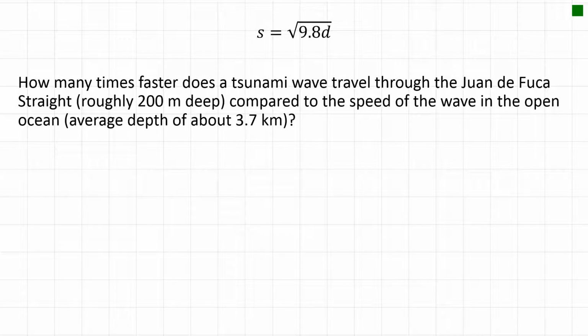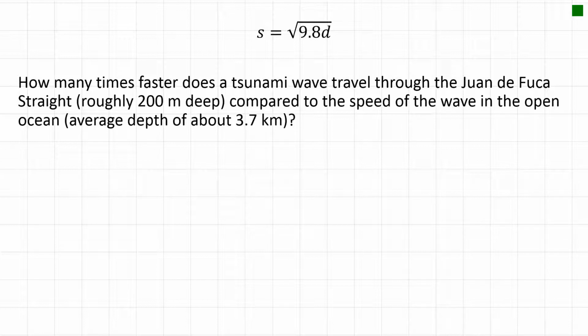So let's determine how many times faster a tsunami wave travels through the Juan de Fuca Strait, which is roughly 200 meters deep, compared to the speed of the wave in the open ocean, which is an average depth of about 3.7 kilometers.